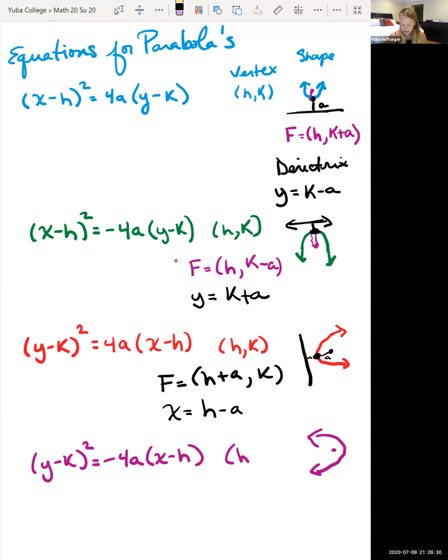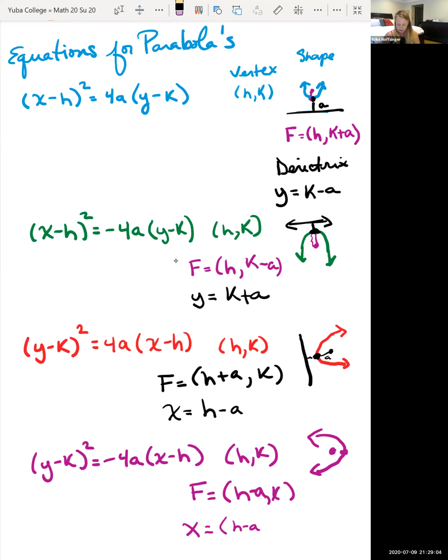Vertex is still at hk, but our focus and our directrix have changed just a little. So from our vertex, hk, we're affecting our h value, we're going over a units, so it's h minus a. Oops, this is our focus, h minus a, comma k.